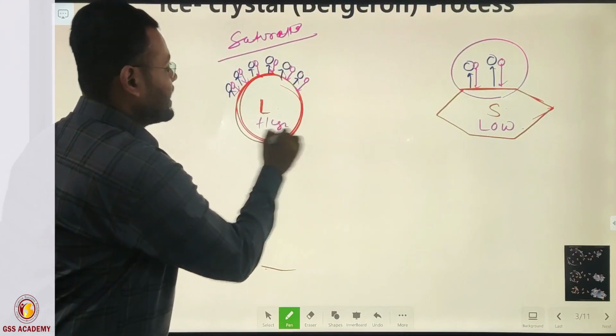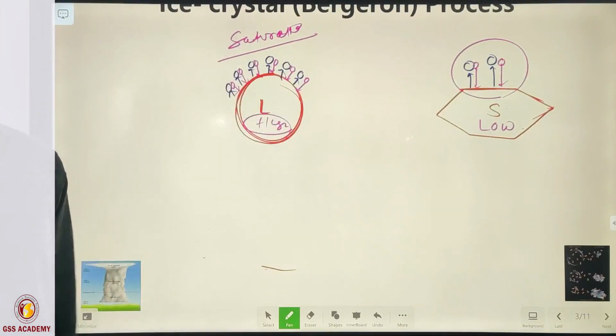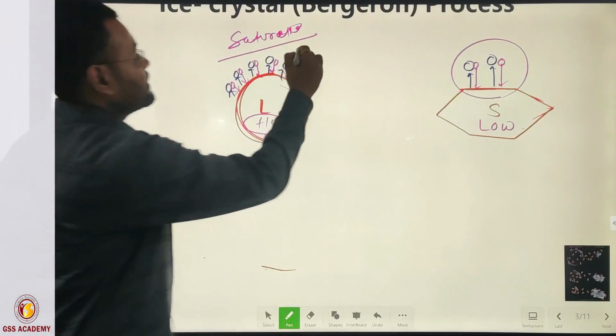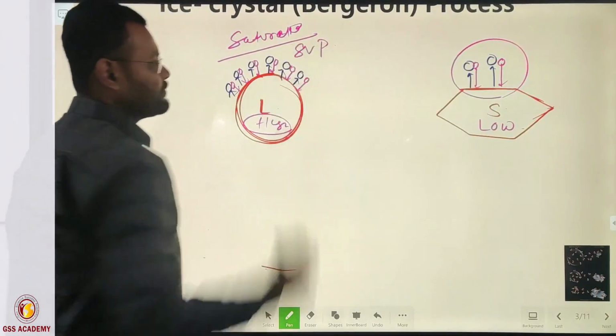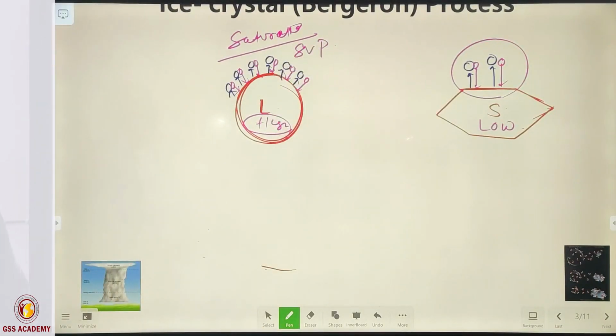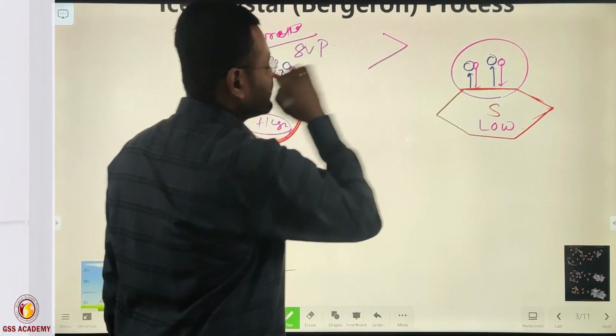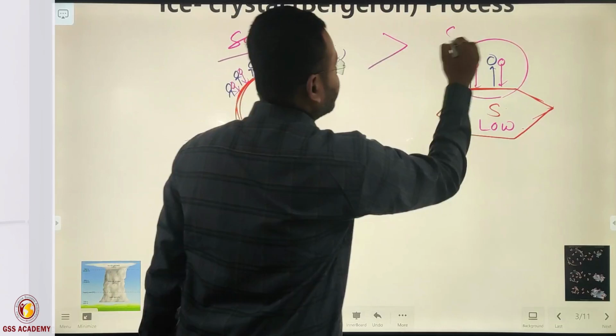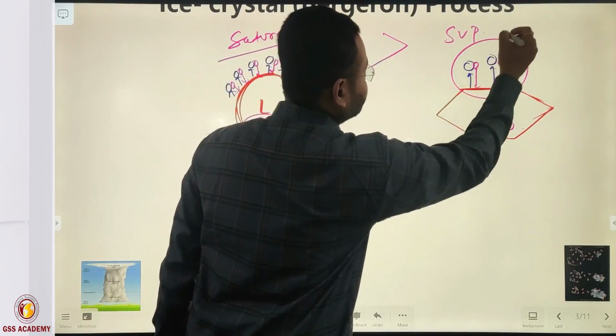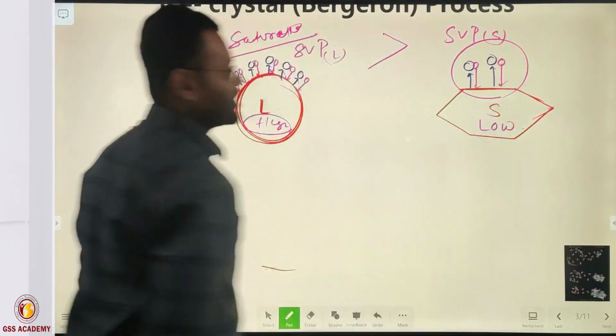Okay, now as the air is saturated, the saturation vapor pressure over the liquid water is much greater than the saturation vapor pressure over the solid ice.